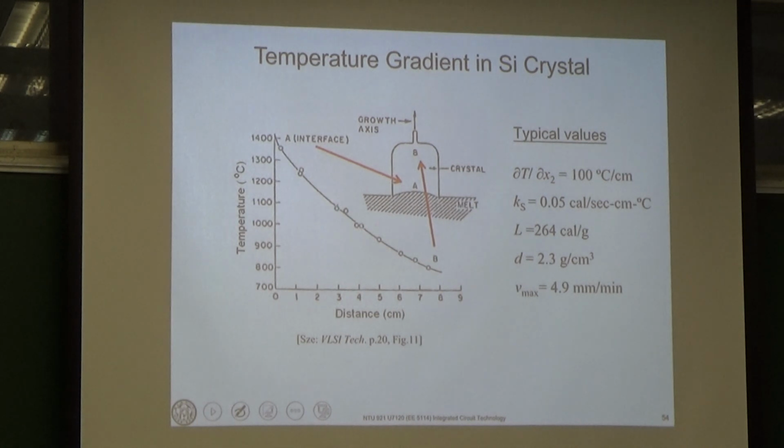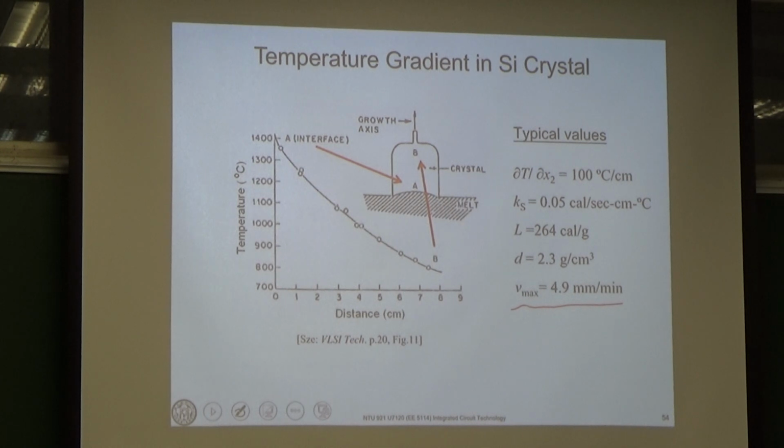Here is another paper where they created a model, in the VLSI technology, from the Sze textbook, but originally it's from the VLSI paper. People did the experiment and tried to build the model. So you can see that 49 millimeters per minute is the pulling rate.